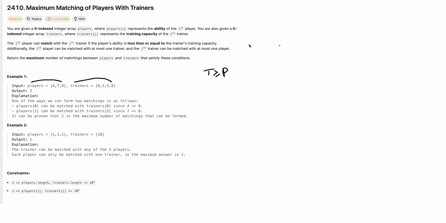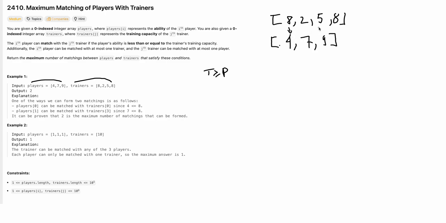For example, we are given the list of the trainers, which is 8, 2, 5, and 8, and then we need to match these trainers with the list of the players, which is 4, 7, and 9. We can match the 4 with 5, 8 with 5.